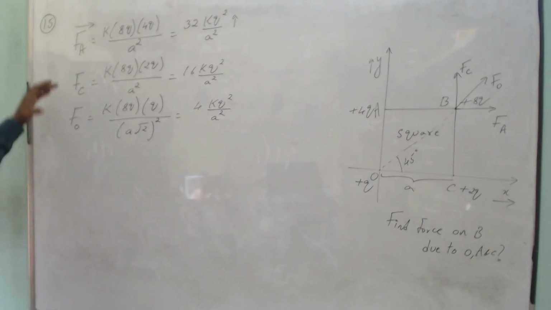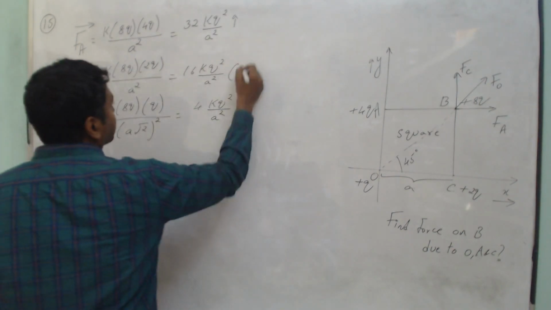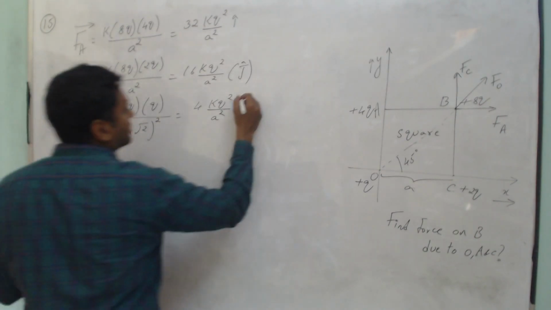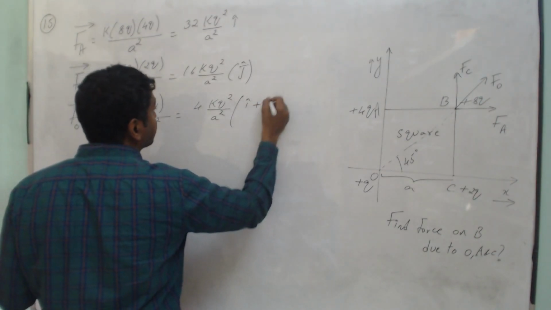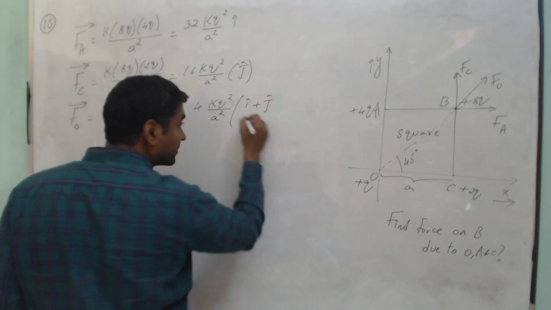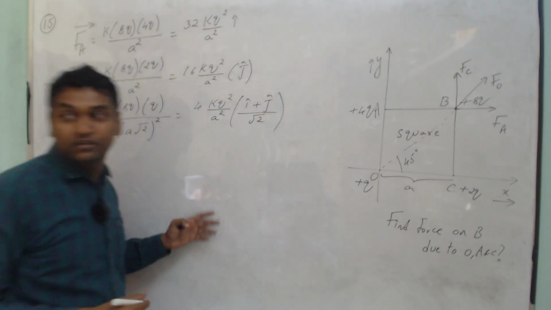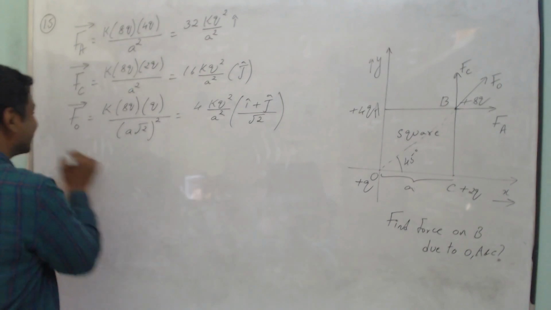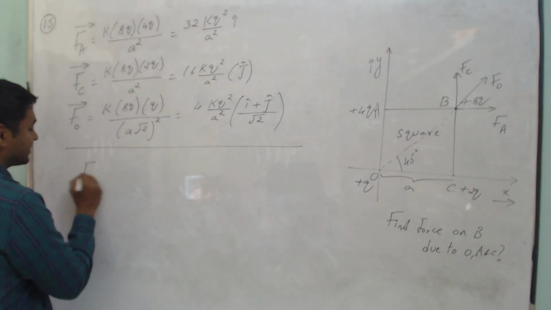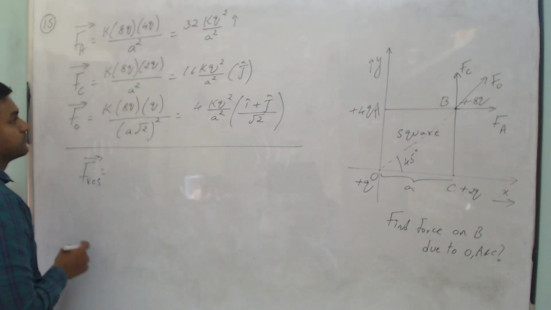If I write this as a vector, I just have to write j cap. And if I write this as a vector, I cap plus j cap divided by root 2. Good. Now simply my F resultant, I don't have to do much, just add whatever is there.